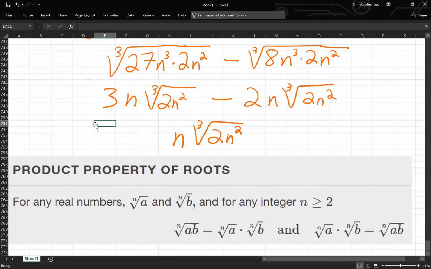For any real numbers, the nth root of a and the nth root of b, and for any integer n greater than or equal to 2, the nth root of a times b is equal to the nth root of a times the nth root of b, and the nth root of a times the nth root of b is equal to the nth root of a times b. Just wanted to refresh our memory a little bit on that.